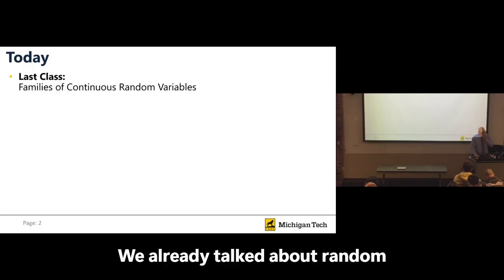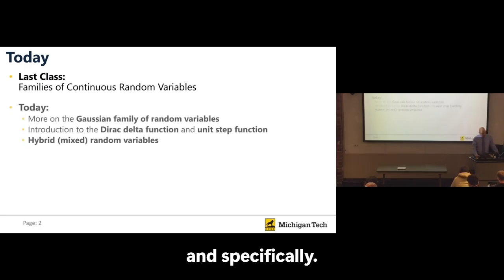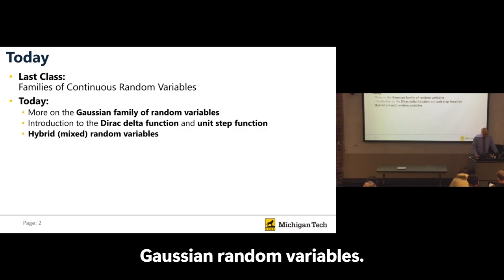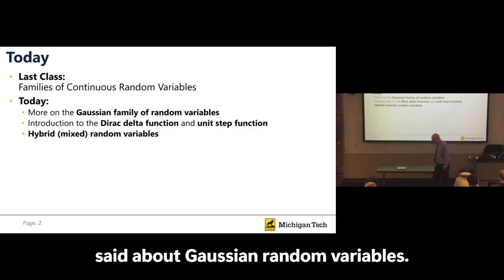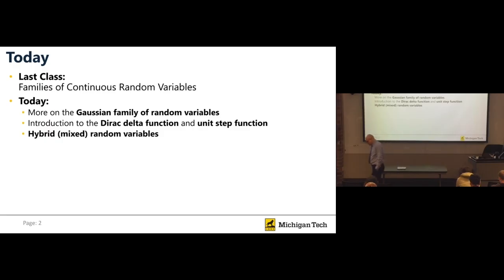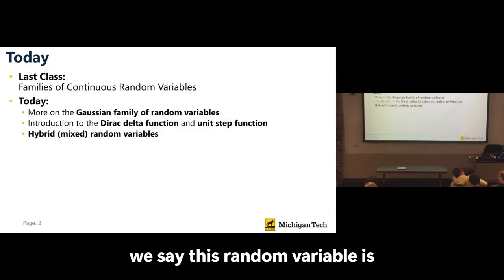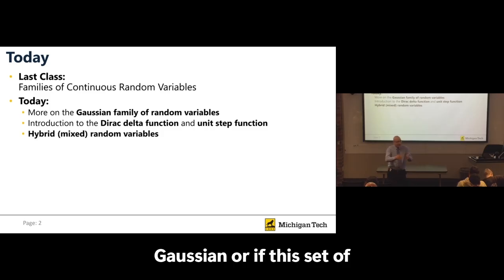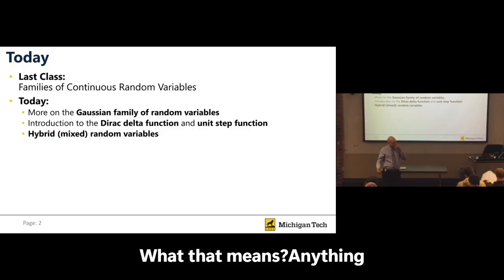So what we're going to do today: we already talked about random variables, continuous random variables, and specifically Gaussian random variables. So what did we say about Gaussian random variables? If we say this random variable is Gaussian, or this set of random variables are Gaussian, what does that mean?